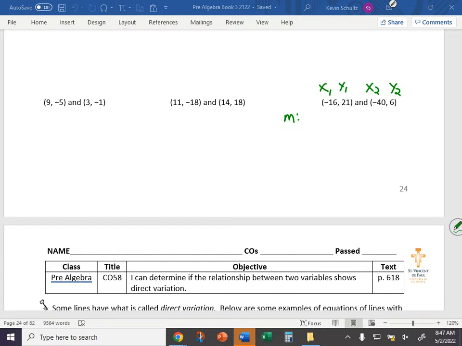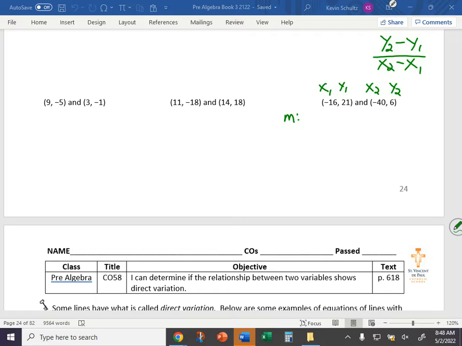Wait, what's the formula? X1 minus y1, x2 minus y2. The formula defines slope: y2 minus y1 over x2 minus x1. If you know what to do next, go ahead and try it.